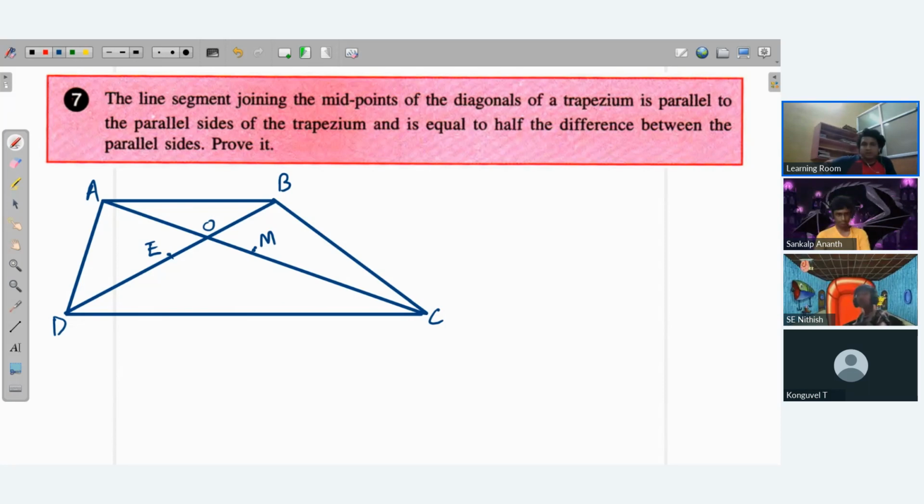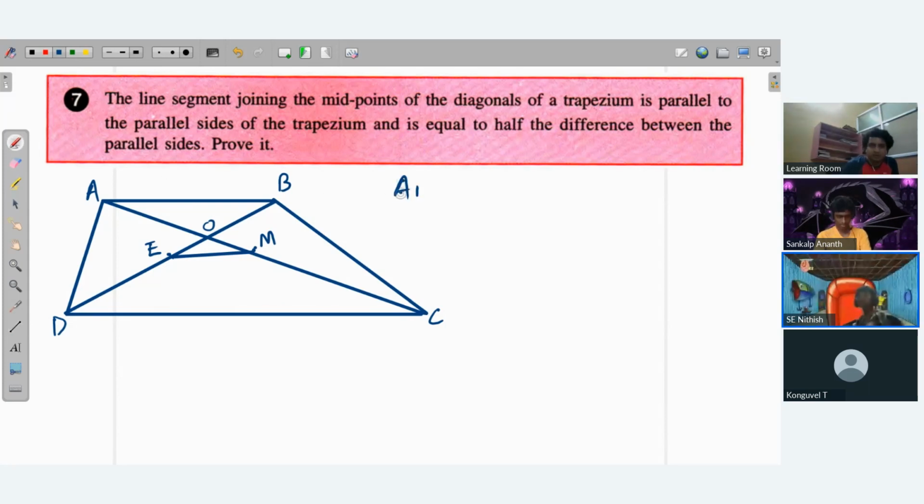So the general picture is like this. The question is saying that the line segment joining the midpoints of the diagonals of a trapezium, that means the line segment EM, is parallel to the parallel sides of the trapezium and is equal to half of the difference between the parallel sides.